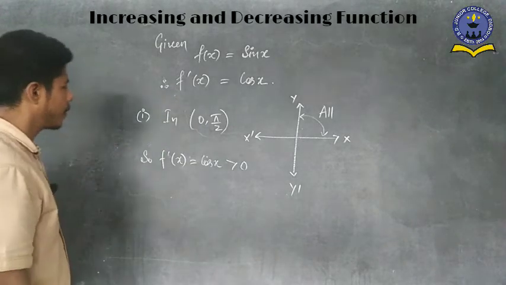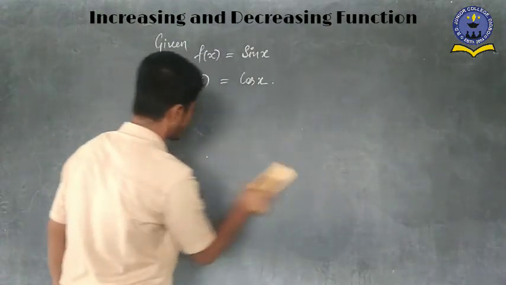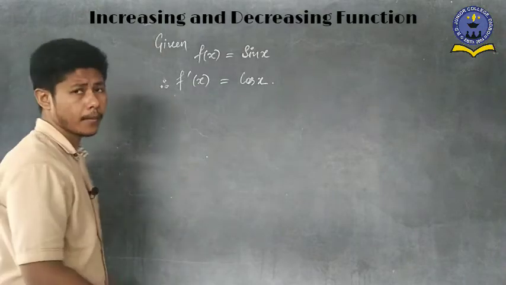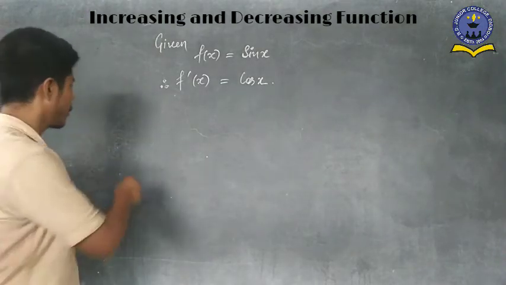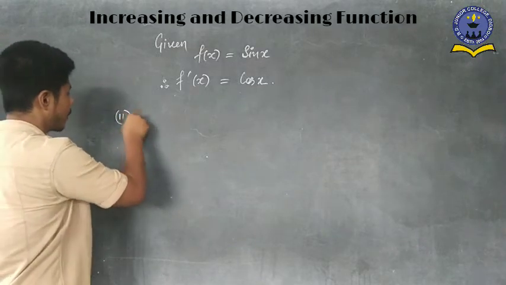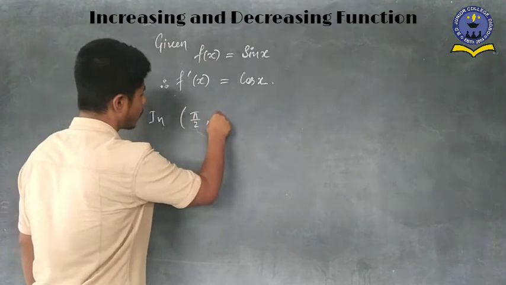Okay, now the next one, the second one, is given from the interval pi by 2 to pi, isn't it? So the second interval is from pi by 2 up to pi.